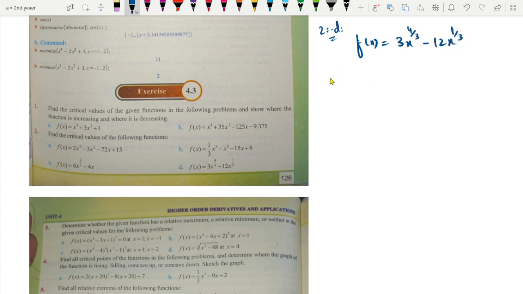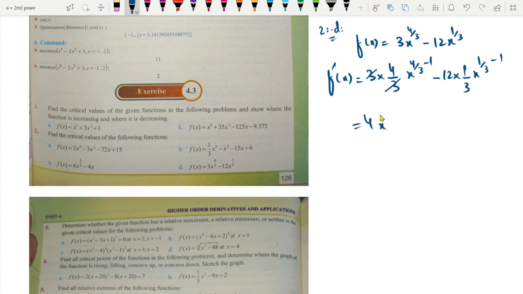By taking the derivative of this one, f prime of x will become 3 into 4 divided by 3 x^(4/3 minus 1) minus 12 into 1 divided by 3 x^(1/3 minus 1). So this will become, taking LCM, 4x^(4-3)/3, which is 4x^(1/3).